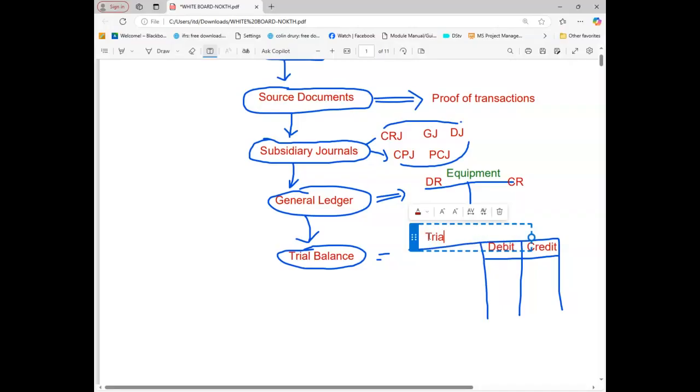Okay, so the trial balance is going to look like this, but it has got sections. You'll see when we go through this module that the trial balance is the one we're going to use more often. And again, you will learn more when we get there. Are we okay?